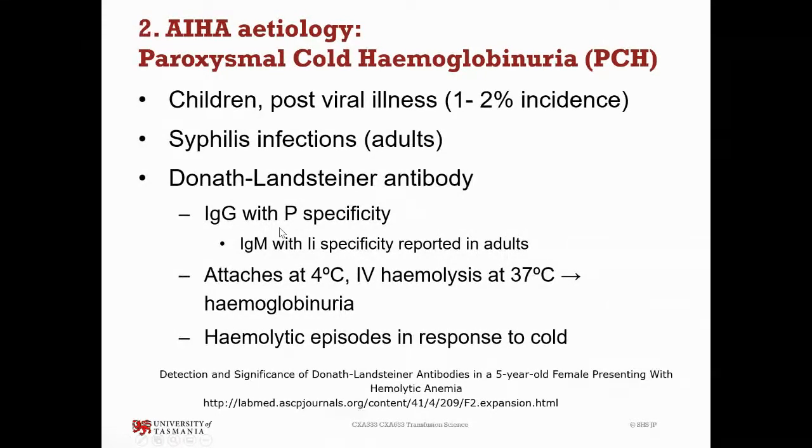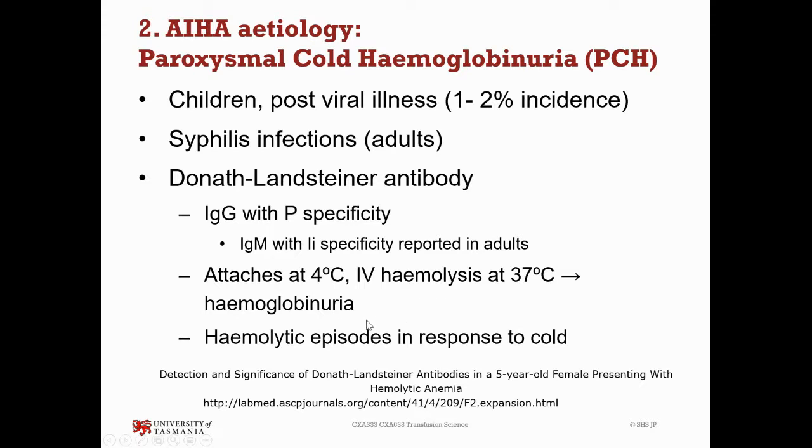In adults it tends to be again this I specificity and IgM, but the Donath-Landsteiner antibody in children is IgG with specificity to the P blood group system. The way that we detect it is in the following test that we'll have a look at in a minute.